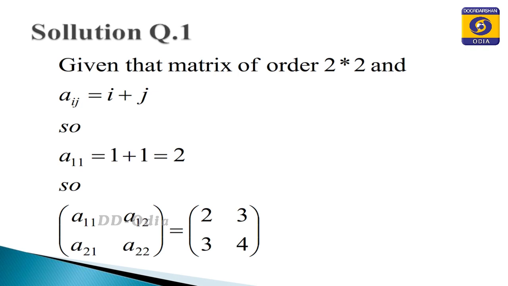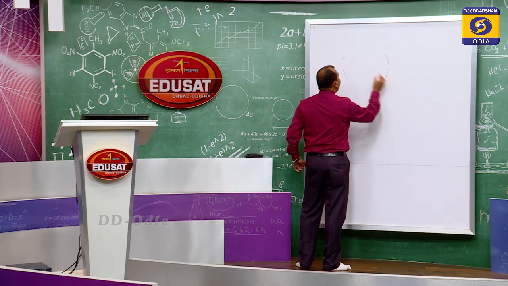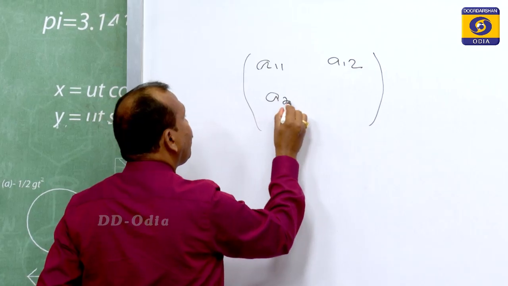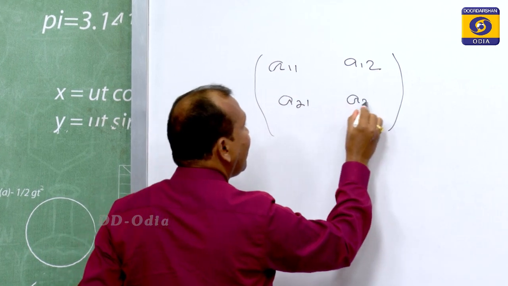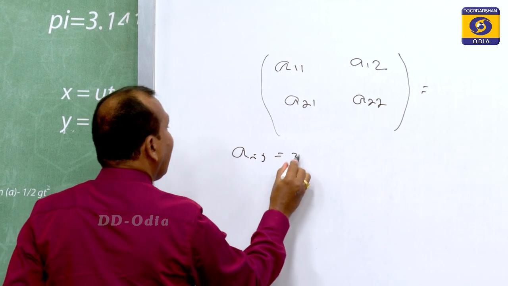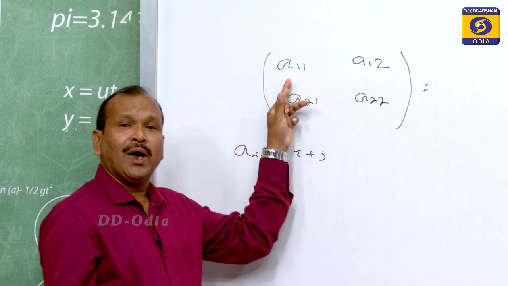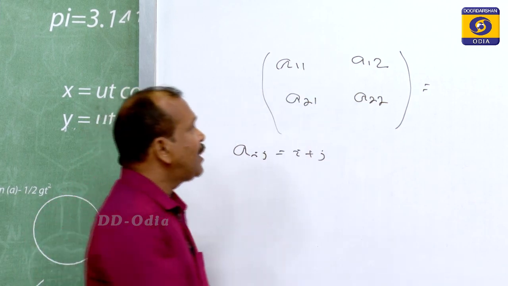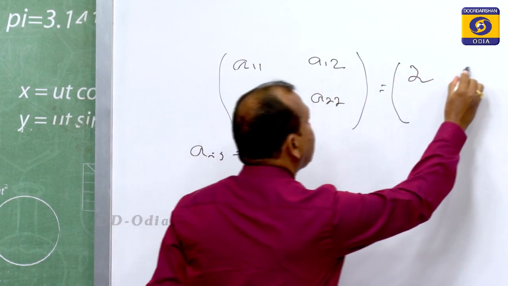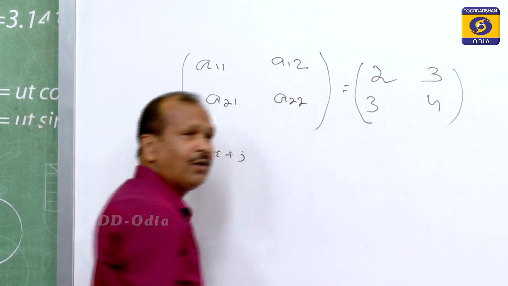The 2 cross 2 matrix is given by a11, a12, a21, a22. Here aij is i plus j. In that case i becomes 1, j becomes 1, that is 1 plus 1, the entry becomes 2; 1 plus 2 is equal to 3; 2 plus 1 becomes 3; and 2 plus 2 is equal to 4.